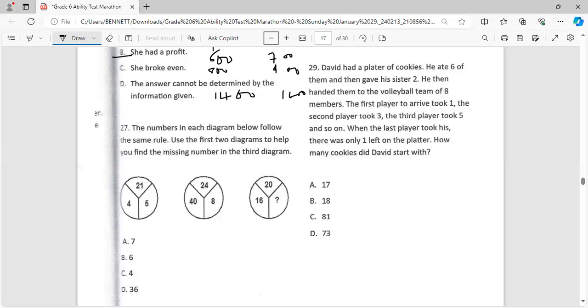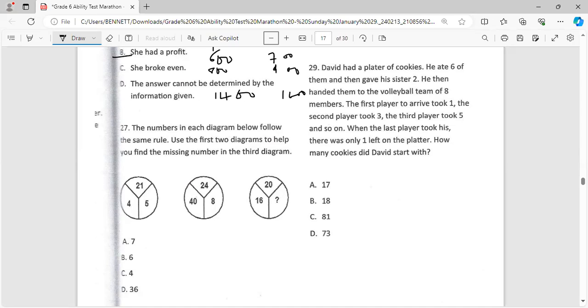I was thinking about dividing and I think it can be done. I'm trying to look at it myself. Seriously, I don't know. The numbers in each diagram follow the same rule. Use the first diagram. The first one gives 21, 4 and 9. And then 24, 40 and 8.